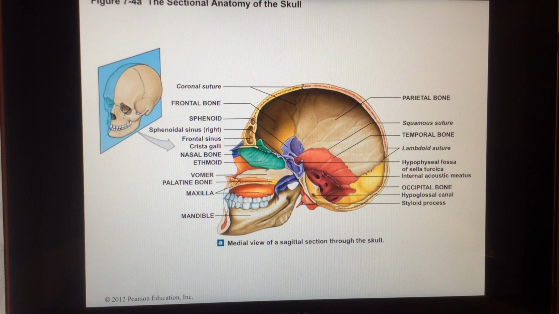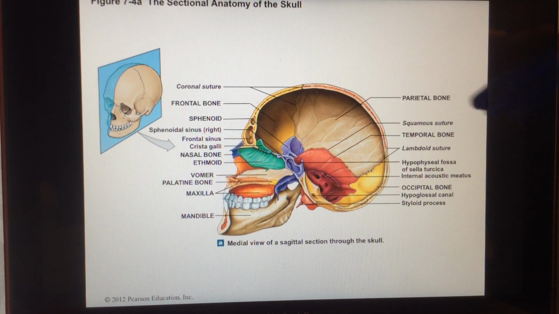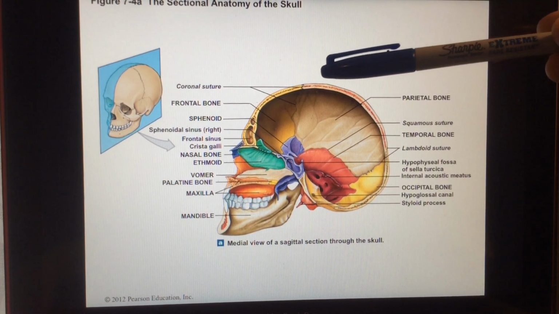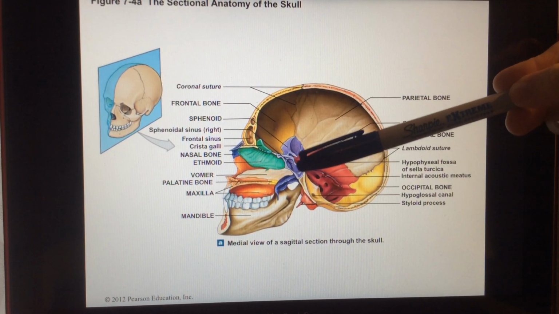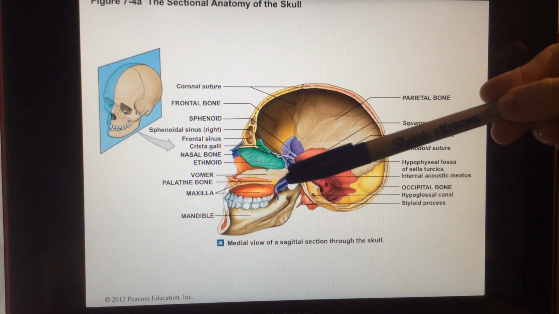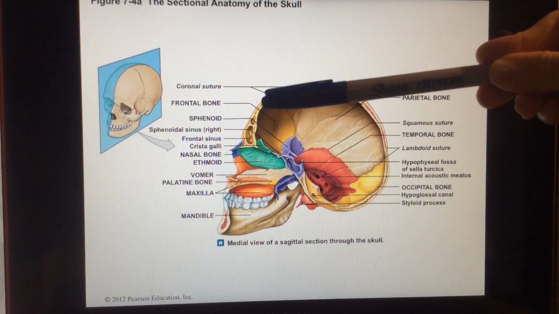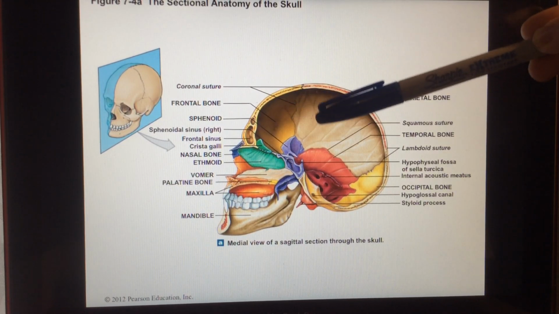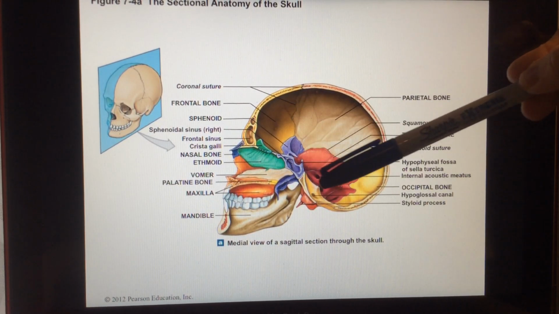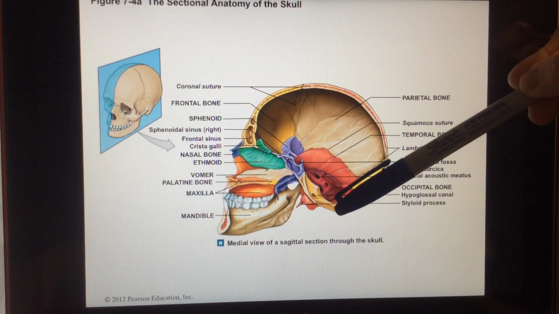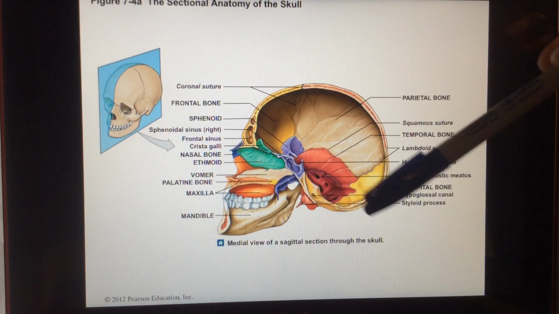In the interior view, be able to appreciate this sagittal section through the skull, like at the sagittal suture, where I divided it down. And so you can appreciate more of the keystone feature of the ethmoid bone, giving that support and base for all of the other bones. Again, frontal bone, parietal bone, red is going to be temporal bone, and the occipital bone back through here.